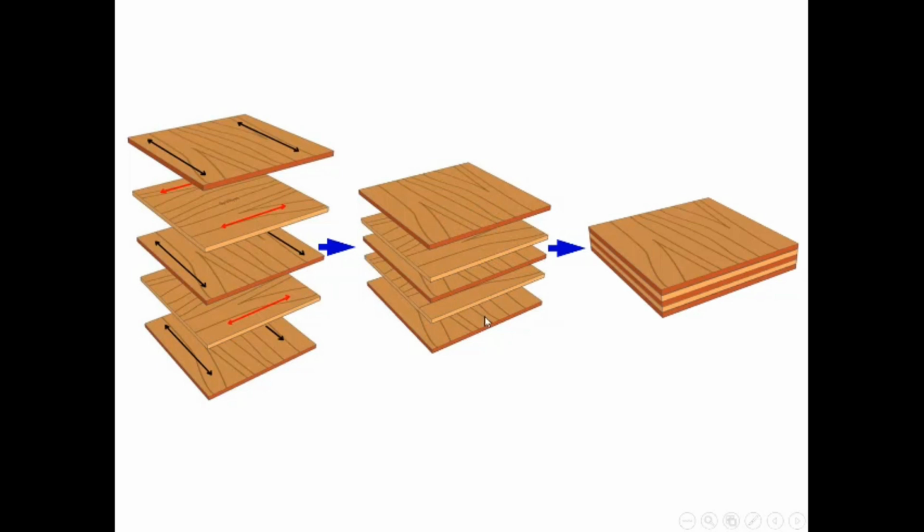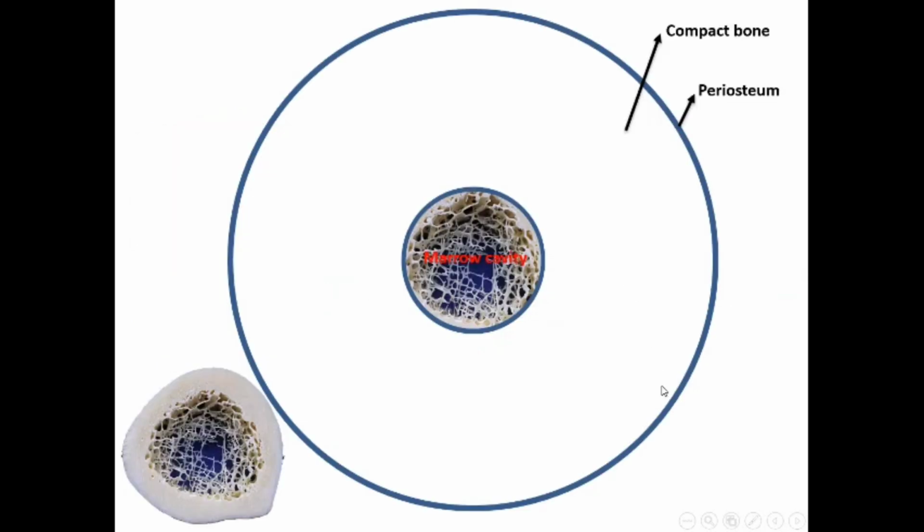After putting them together, at the end we have a plywood like this, so it's very resistant to fractures. I think the carpenter and maybe the scientists learned how to make this kind of board from our bones.